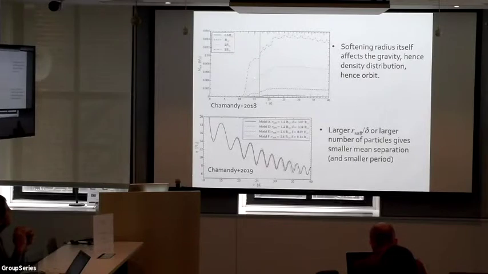You see that it plateaus here, but as soon as we reduce the softening radius, the gravity increases, and you get more mass accretion towards the secondary. And again, it piles up around the secondary, as you would expect. This is the case without accretion. The softening radius is at the core of the secondary. But it shows that by reducing the softening radius, even if you do it gradually, that can affect the amount of mass and the mass distribution around your point particles.